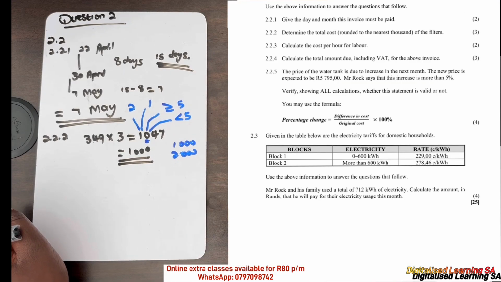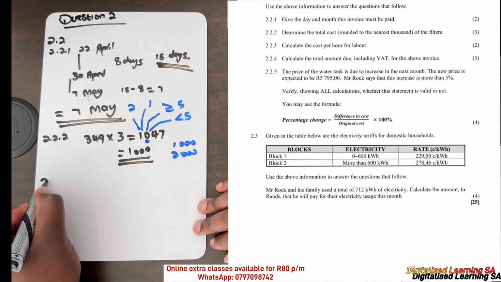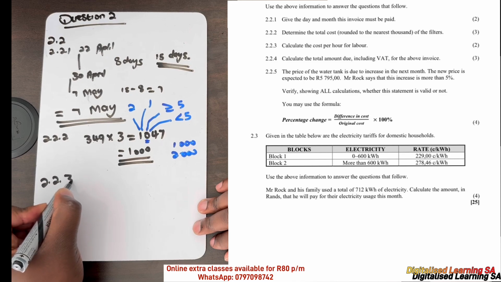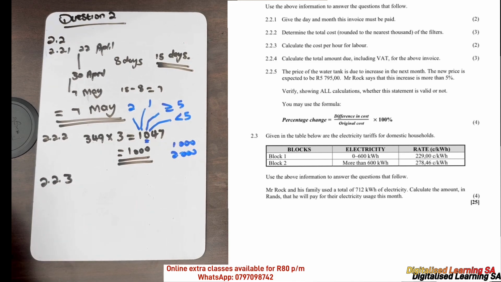Okay. So now let's move to our next question, which is question 2.2.3. Question 2.2.3 says calculate the cost per hour for labor. We are given the amount of labor for 7.5 hours.